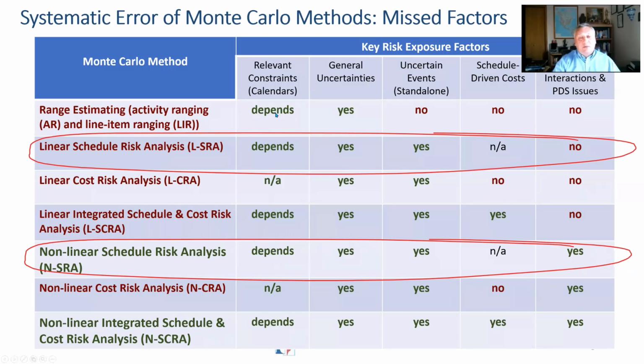Depends here means you can include or you might not include those constraints as calendars in your schedule models. And of course, we are not considering here cost risk analysis or integrated cost and schedule risk analysis. It's outside of the scope of this presentation. Basically, we will compare a linear schedule risk analysis model, LSRA, with nonlinear SRA with and without constraints as calendars.